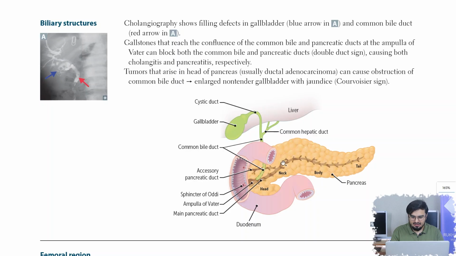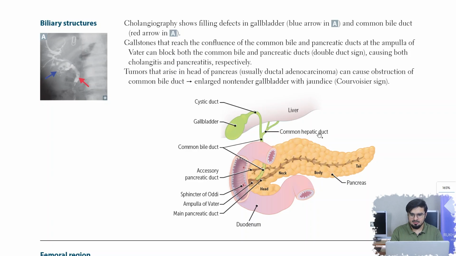But one key differentiating point is that in cases of carcinoma, mostly the adenocarcinoma, the gallbladder is going to get enlarged but will be non-tender. In cases of gallstones, since we know that cholecystitis might happen, it's going to make the gallbladder painful.